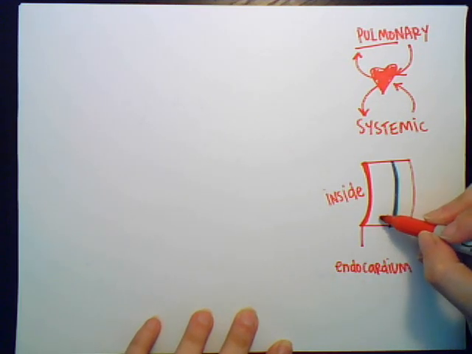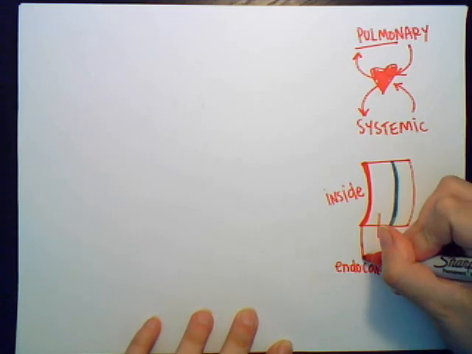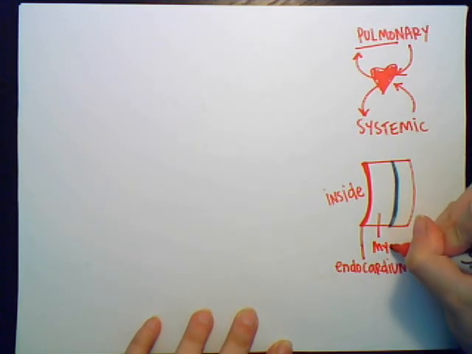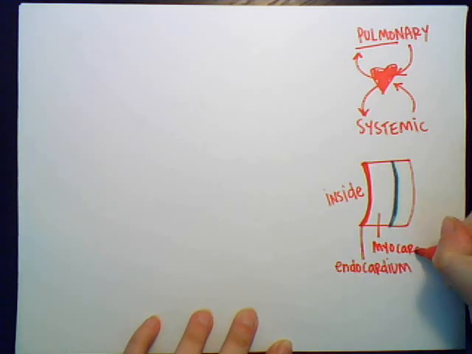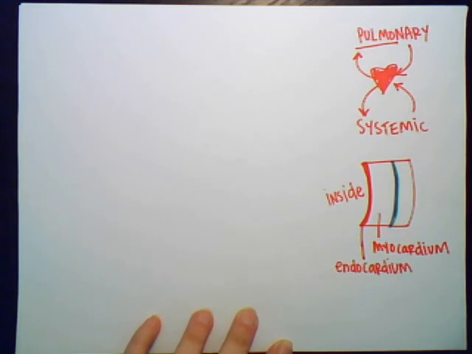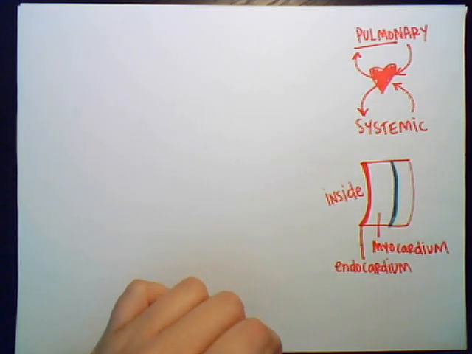Then the next layer in here is myocardium. And myocardium just means muscle, hence the myo. So cardiac muscle. So that's muscle right there.